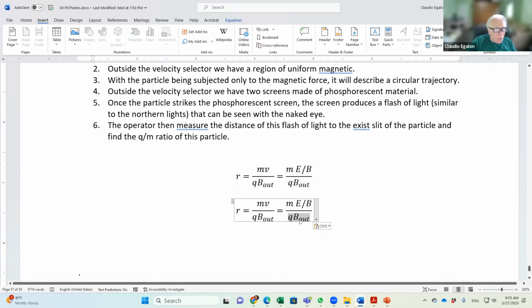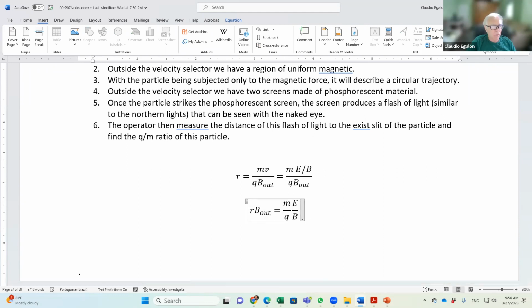And we can move this to the other side. Okay, we end up with m E over B. By the way, I want to keep the q on the other side because we do not know what the charge is.